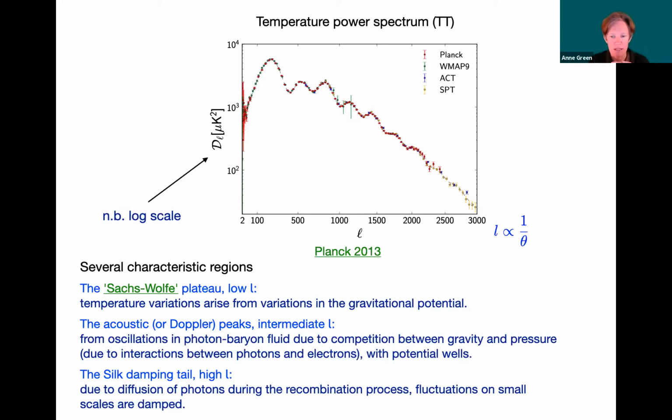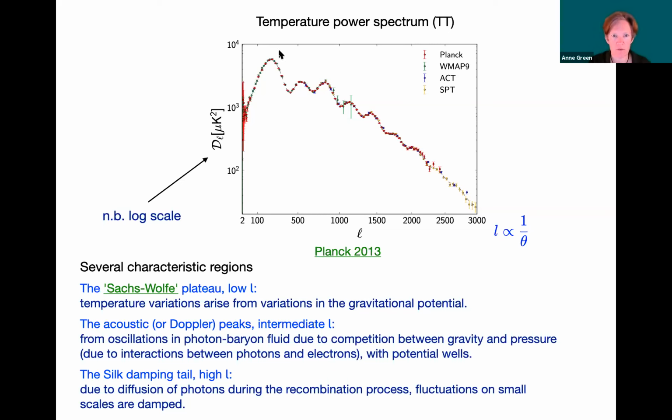Gravity is trying to pull things in, and pressure, due to the interactions between the photons and electrons, is trying to push things out again. So you've got these oscillations occurring in the potential wells that are generated by the density perturbations, essentially. And so regions are being caught at different points in this oscillation.